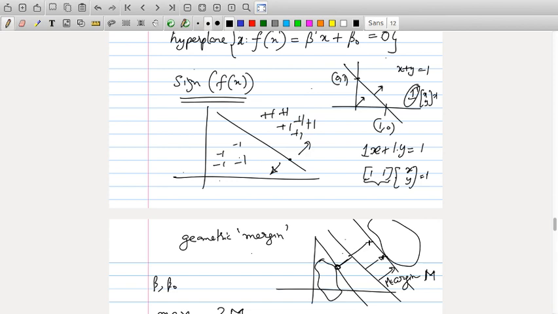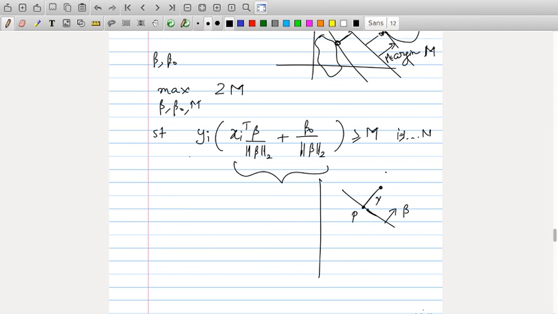Okay, and that's true for even higher dimension. So the distance of some point x to the hyperplane is just going to be some multiple of beta.